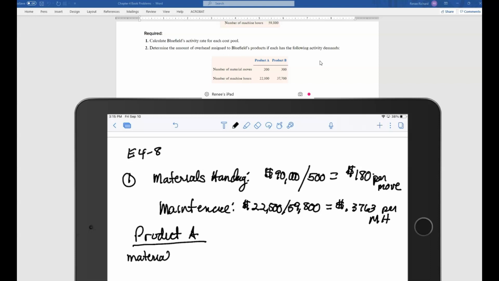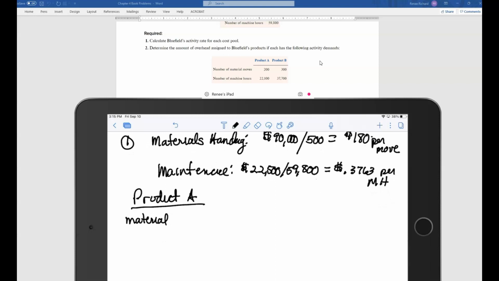Material. Product A uses 200 material moves. So 200 moves times $180 per move. So that's $36,000. Okay.